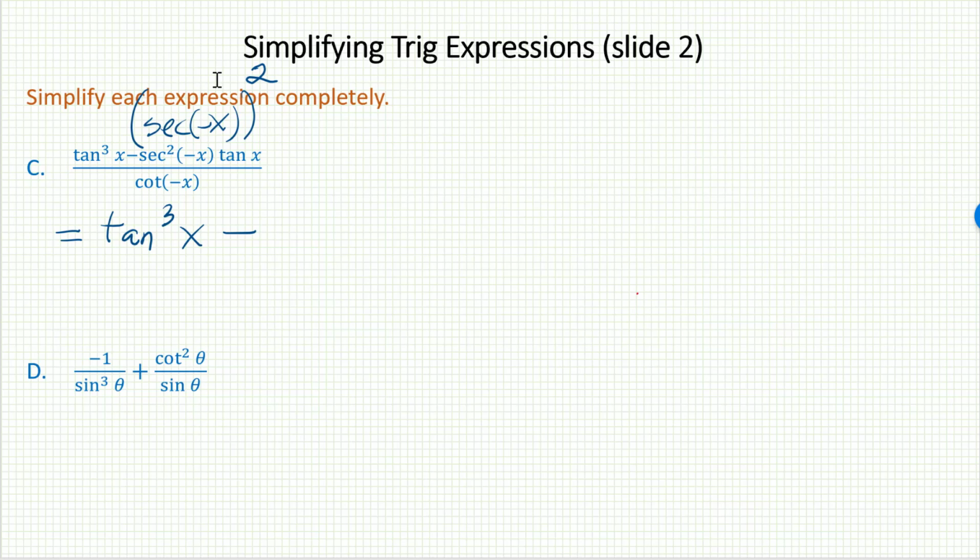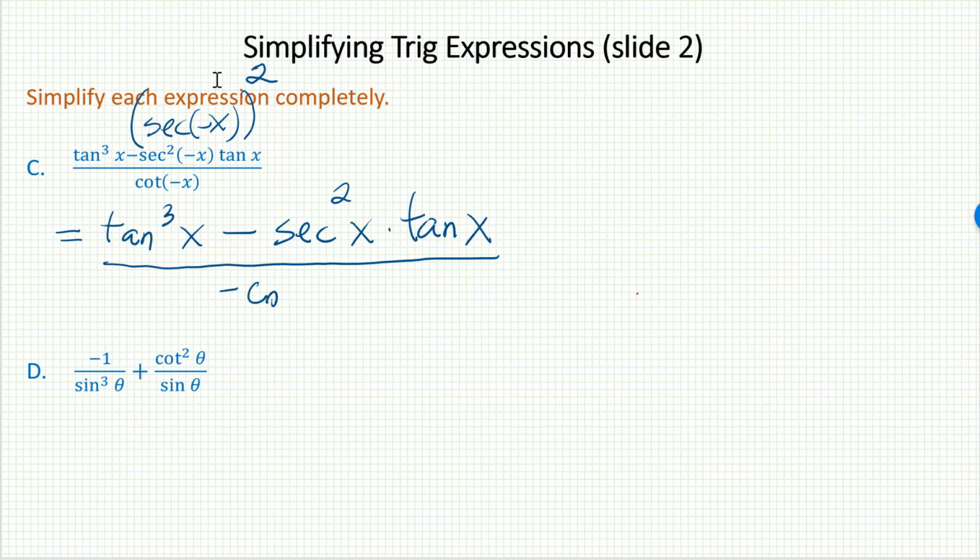The secant function was an even function, and so secant of negative x was just equal to secant x, which means this part is simply secant squared x. Cotangent, on the other hand, was an odd function, and so the identity was cotangent of negative x equals negative cotangent x. Okay, so we've gotten rid of those negative angles.